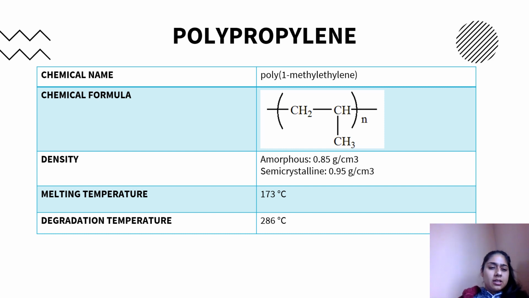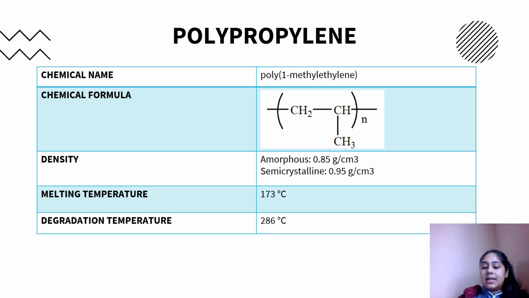The first is its name, polypropylene, and its chemical name is poly(1-methylethylene). Here is its chemical formula.